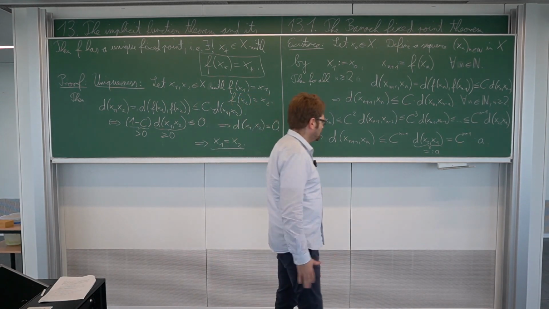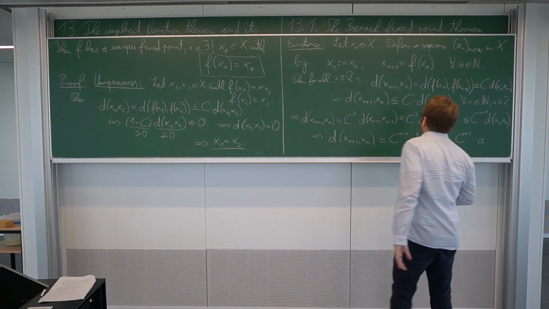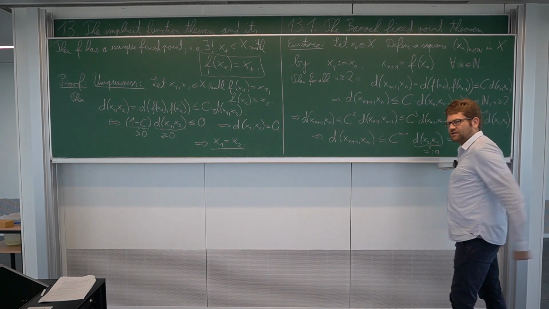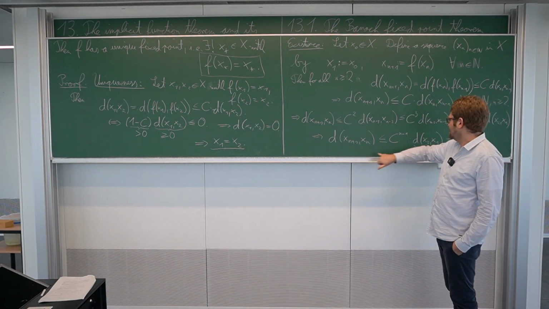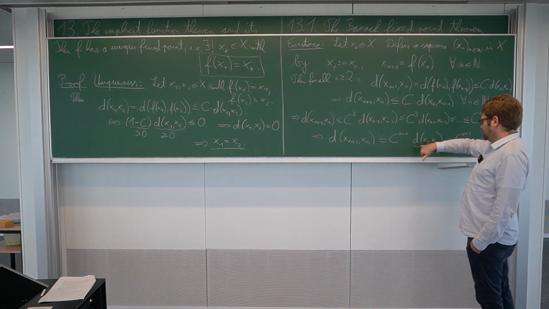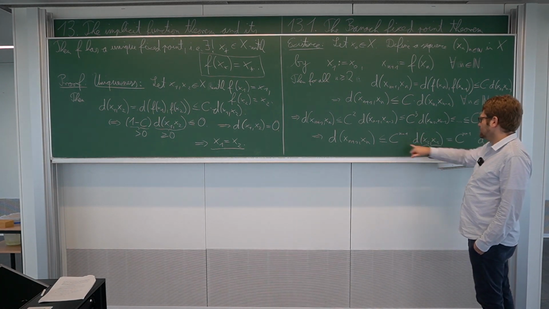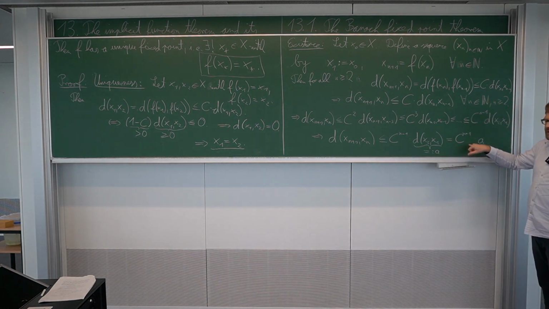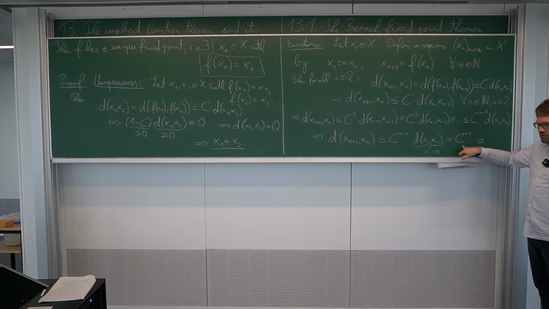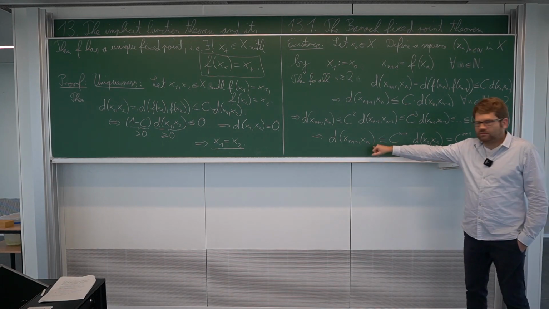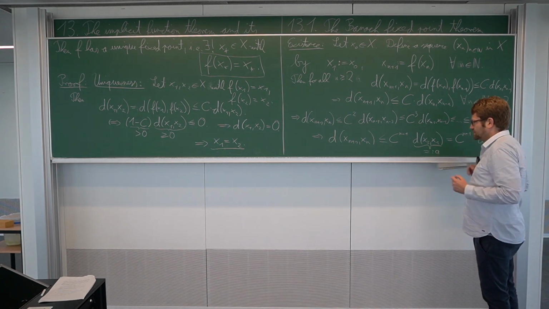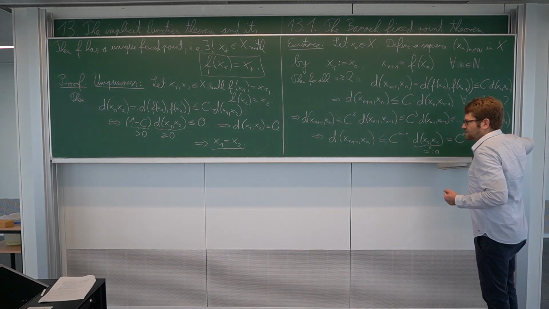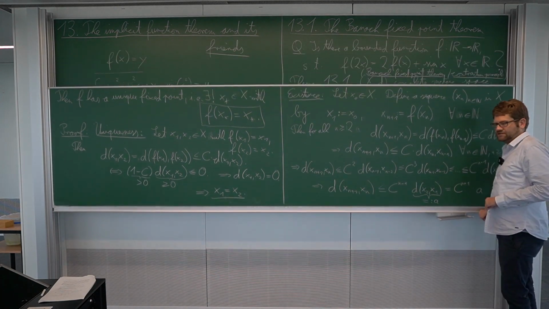For a Cauchy sequence, we need to show that for high indices, the distance of the elements of the sequence is small. And here we see that the distance of at least two subsequent elements is smaller than this, and since c is a number strictly smaller than 1, if n becomes bigger and bigger, this tends to 0, which means these distances become very small. And this will be enough to show that this is a Cauchy sequence, but I need to erase first to present you a proof of that fact.